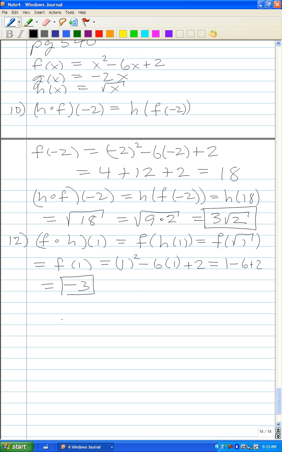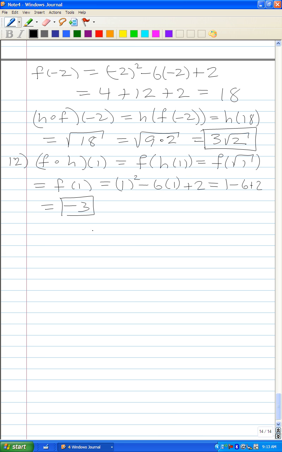Let's do problem number 16. F of x equals x minus 3. G of x equals x squared. Find f composed with g. Wherever I see an x in the formula for f, I replace every x by the formula given by g.